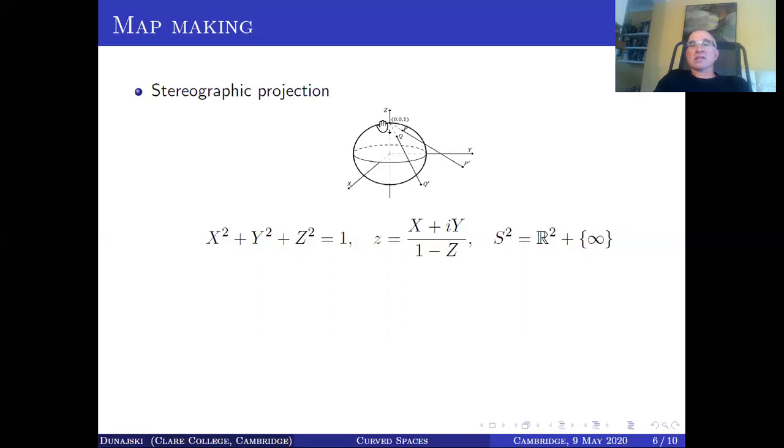And in coordinates, let's say 0, 0, 1, if the equation of the sphere is x squared plus y squared plus z squared equals 1. Now, for any other point P on the sphere, connect the North Pole and P by a straight line in R3 and see where this straight line hits the XY plane.